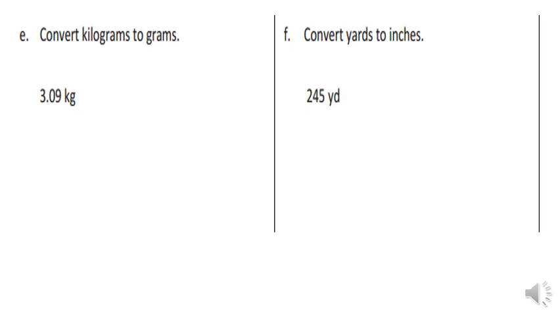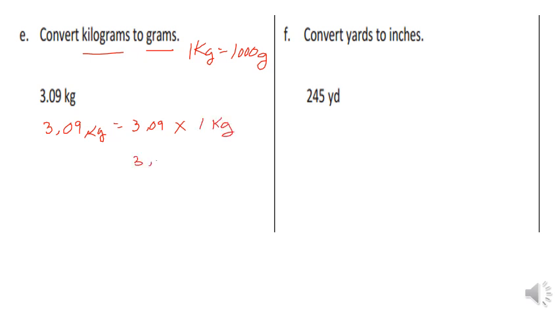ounces. Now let's use the same thing this time. We want to convert from kilograms to grams, and I know that 1 kilogram equals 1,000 grams. So 3.09 kilograms equals 3.09 times 1 kilogram.